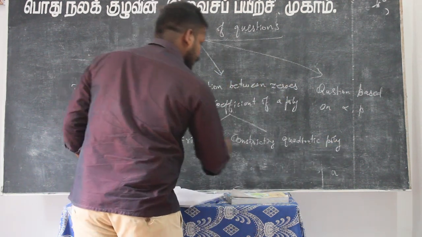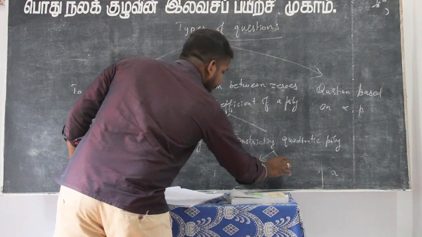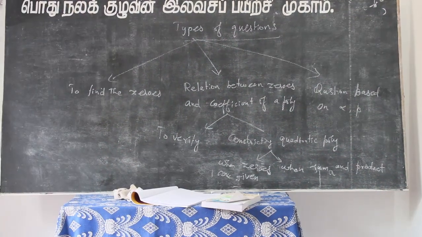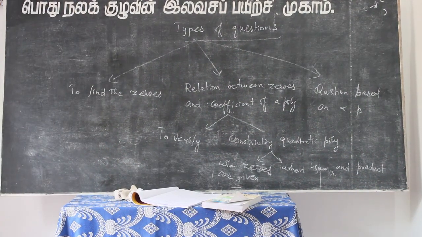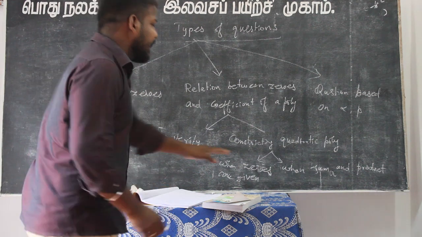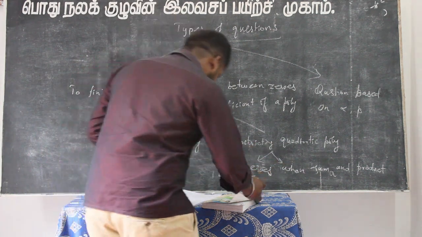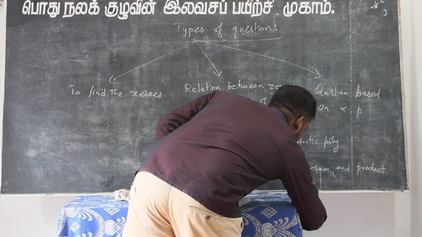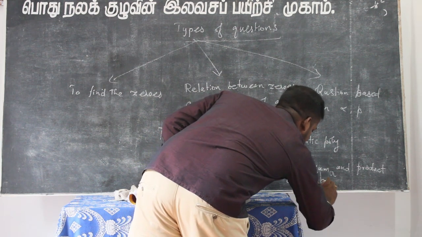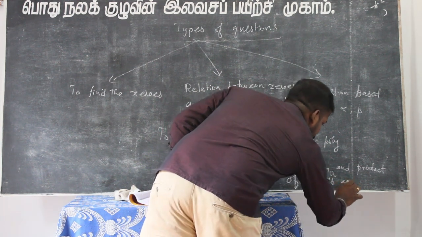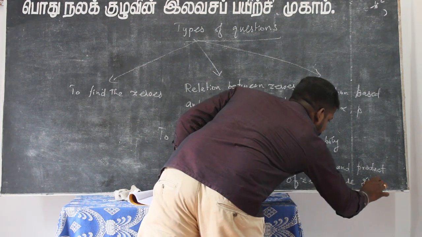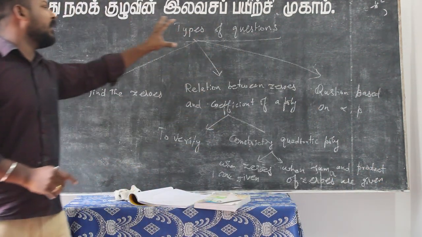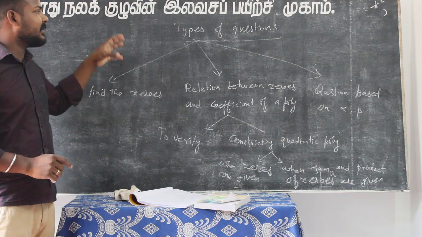This also may come in two types. Construct: second case, when sum and product of zeros are given. So these are the possible problems they may ask in exercise 2.2.